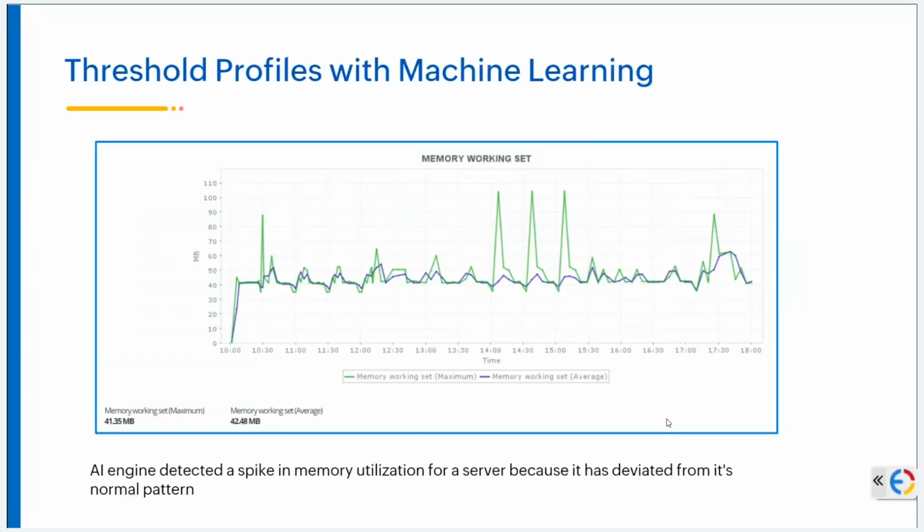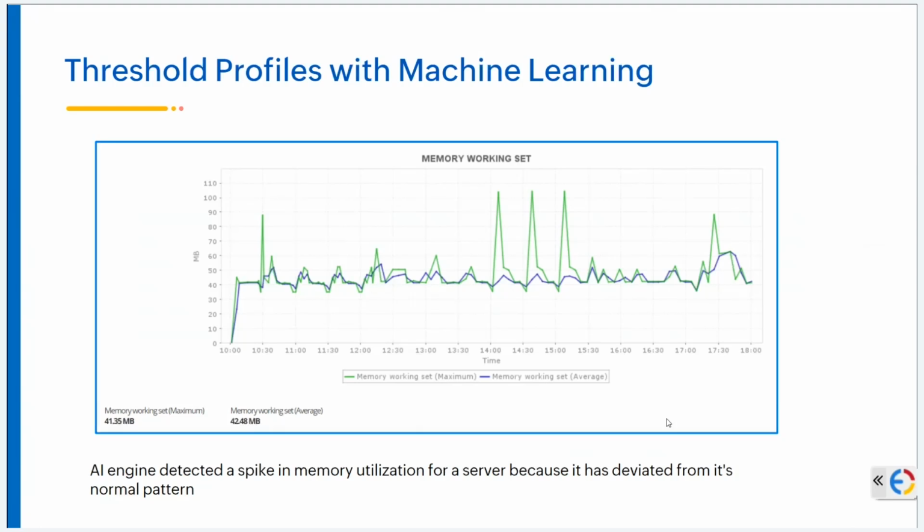Applications Manager currently supports static, adaptive, and anomaly threshold profiles. For example, say you have a Tomcat server where you want to monitor the memory utilization. Instead of configuring a static threshold, if you choose an adaptive one, when the current memory utilization deviates from the usual pattern, an alert will be generated or triggered.